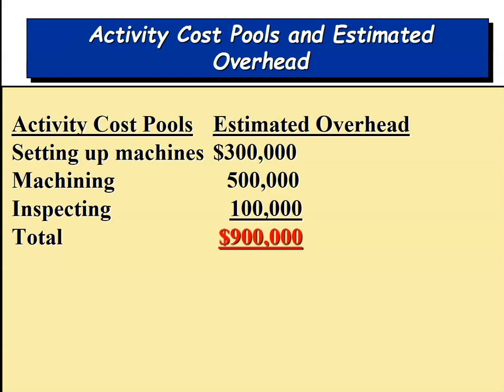But for this company, we have 3 that are fairly significant. Could have been 6, could have been 4. In this case, it's 3. And we're going to allocate, even though this $900,000 is for a lot of different activities that we're not seeing here, this $900,000 among these 3 activity cost pools that we have identified. So $300,000 for setting up machines, $500,000 for machining, and $100,000 for inspecting.